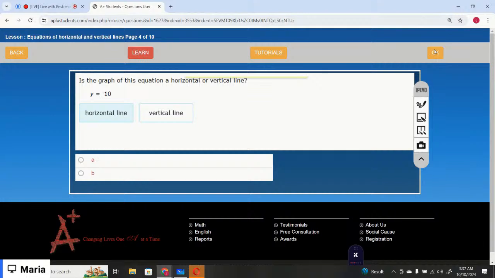Is the graph of the equation a horizontal or vertical line? Y equals -10. So, which is the correct option?